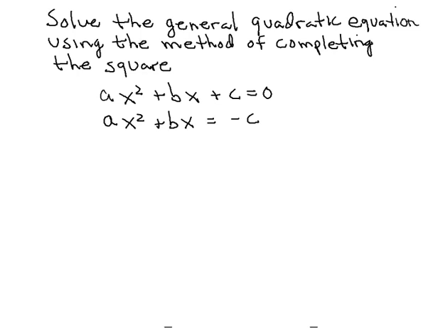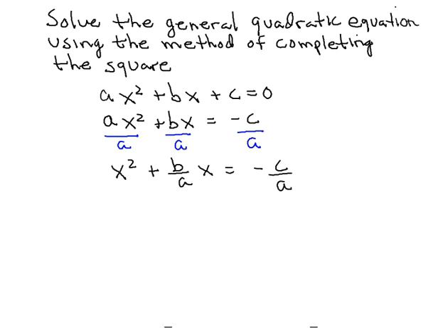Now next what we'll do is to divide each term by a, because we would like the coefficient of the squared term to be 1 before we complete the square. So we'll have the next x squared plus b over a x is equal to negative c over a.